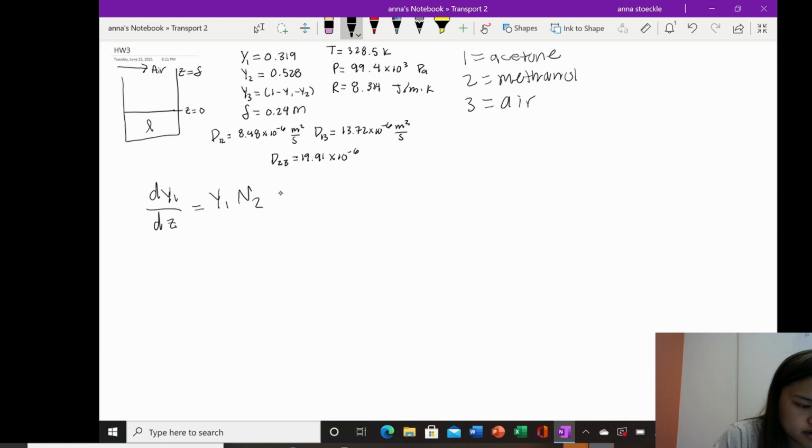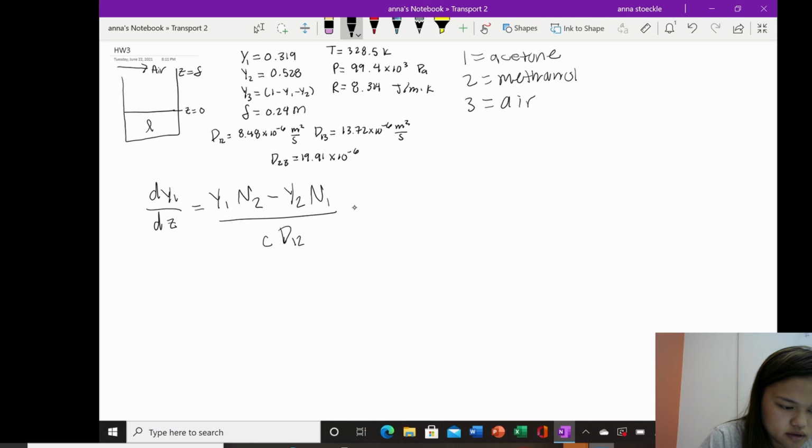Molar flux for the methanol, mole fraction for the methanol, molar flux for the acetone, all over that concentration and that Maxwell-Stefan diffusivity pair.